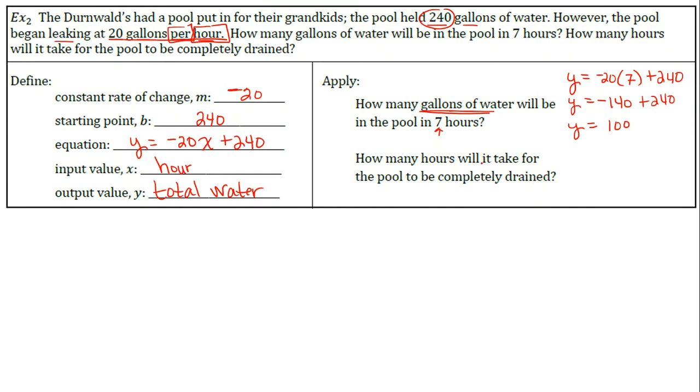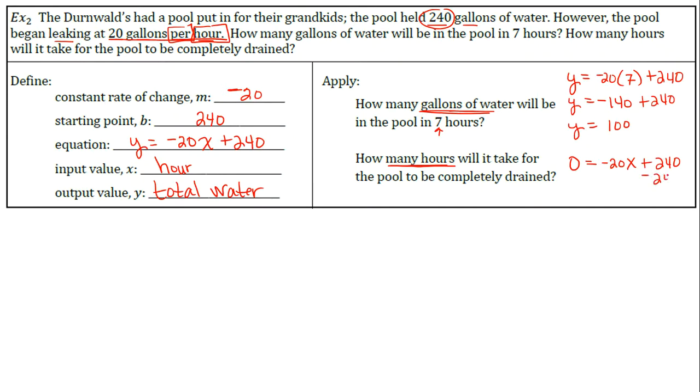It says how many hours will it take for the pool to be completely drained? So we're looking for x. How many hours? x is hours. For it to be completely drained means that we have 0 gallons of water in the pool. So 0 is my y value. We're looking for how many hours it's going to take to be completely drained, so we're just going to solve for x.